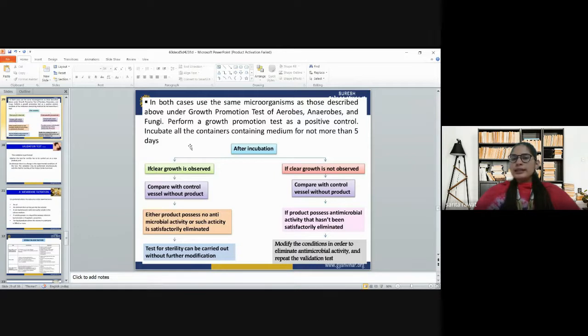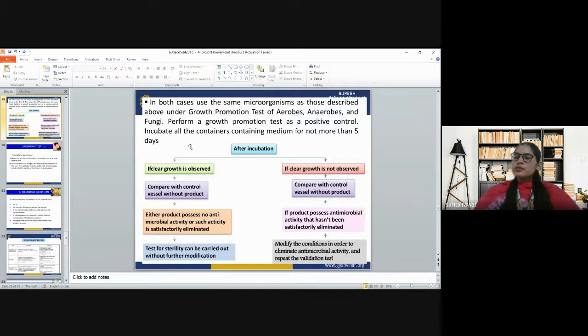Incubate all the containers containing medium for not more than 5 days. After incubation, if clear growth is observed compared with control vessels without product, then the product possesses no antimicrobial activity or such activity is satisfactorily eliminated, and the test for sterility can be carried out without further modification.